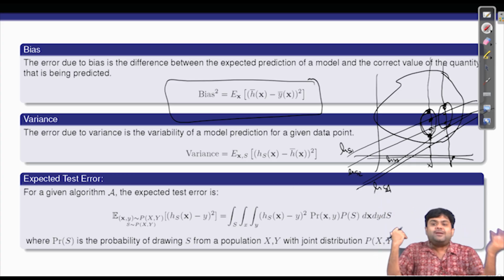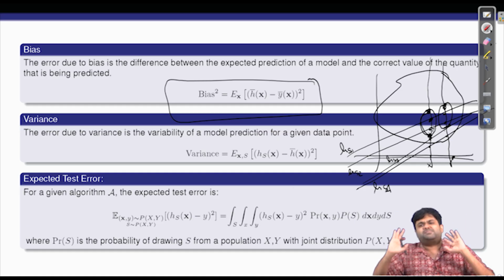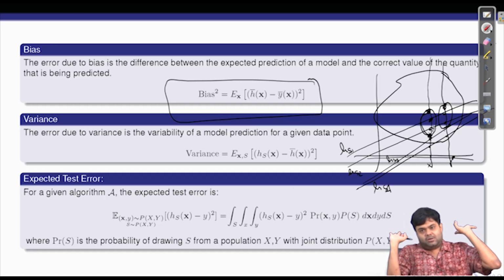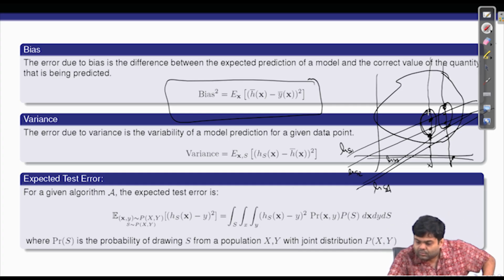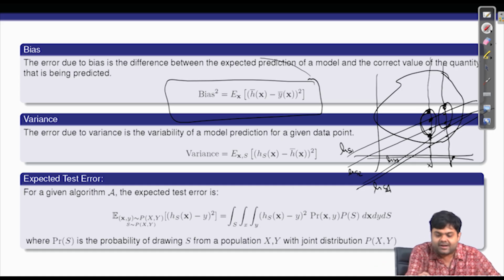For one sample the prediction may be somewhat awkward, but if the rule is good, the expectation is that the average of all these predictions should give you the correct direction. Now this difference is the bias for this particular x. And if you do this over all x's, that gives you this grand bias.